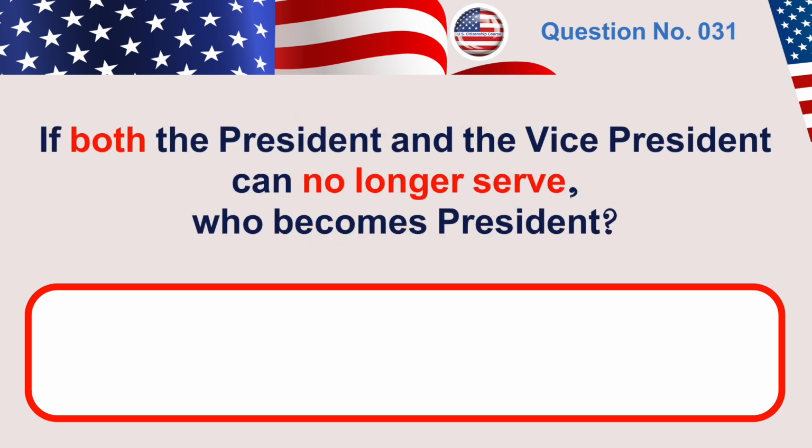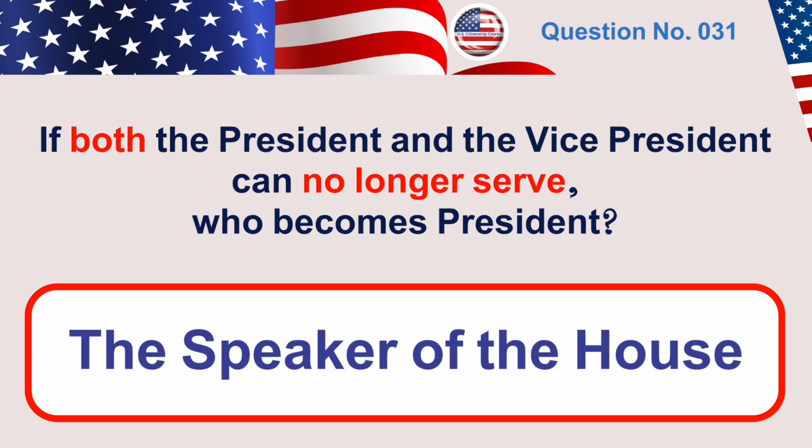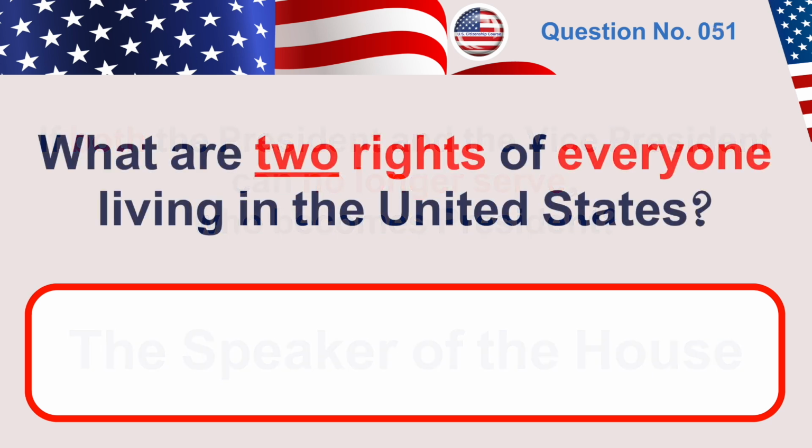If both the president and the vice president can no longer serve, who becomes president? The Speaker of the House. What are two rights of everyone living in the United States?